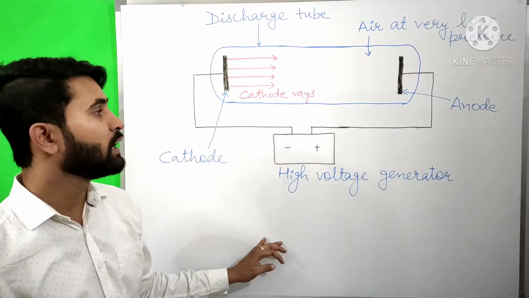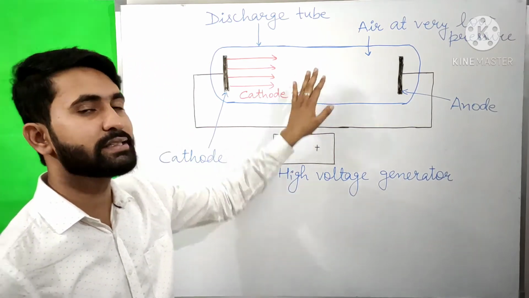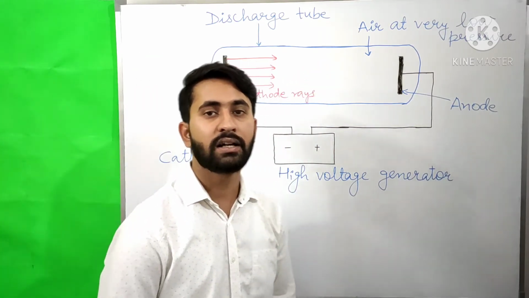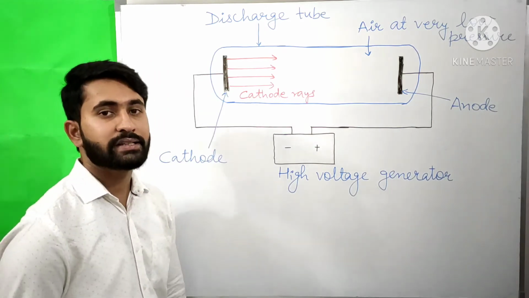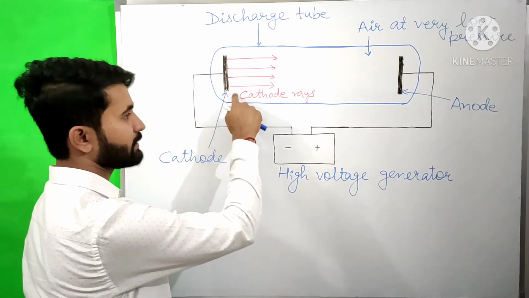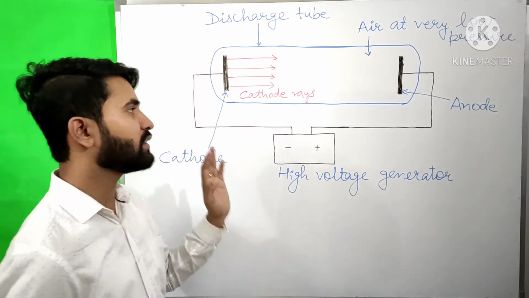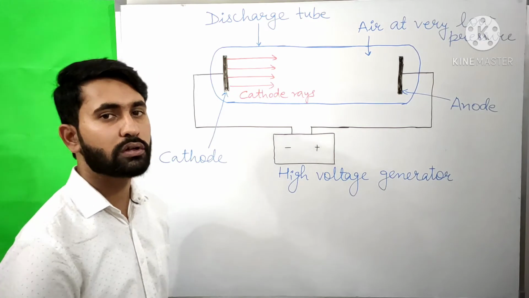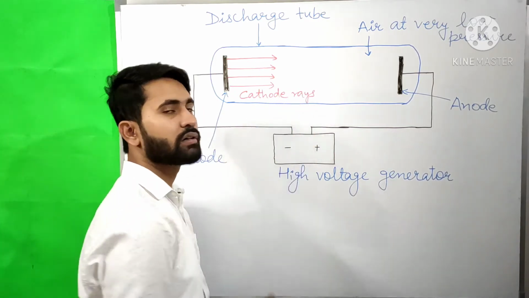J.J. Thomson passed high voltage electricity through the gas present in the discharge tube. Then a beam of particles started flowing from the cathode to the anode. Since these particles were flowing from the cathode towards the anode, they are known as cathode rays.